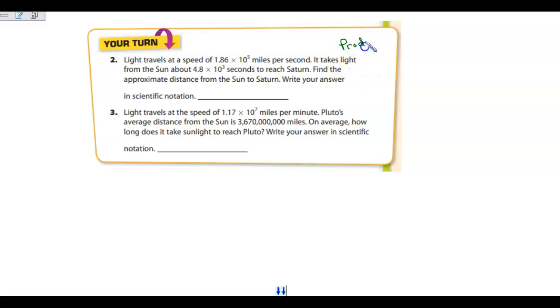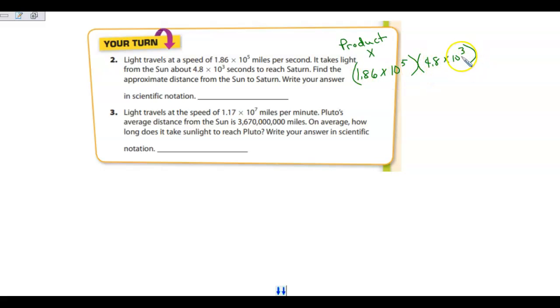We're going to multiply, okay? So we're going to take 1.86 times 10 to the 5th power, and we're going to multiply it by 4.8 times 10 to the 3rd power.